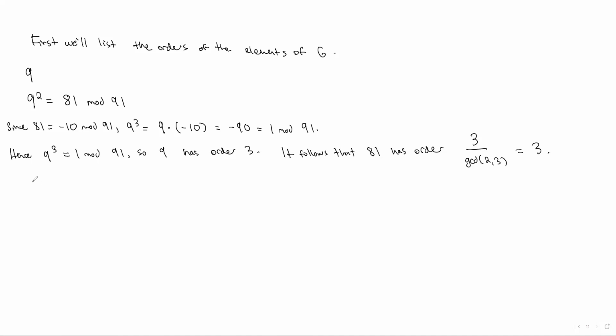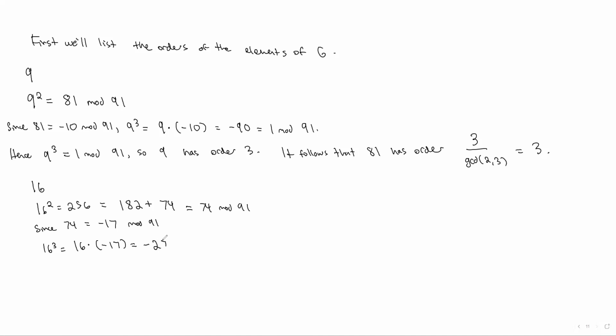Okay, now let's look at the next element, 16. 16 squared is 256, which is 182 plus 74, so it's 74 mod 91. And then 16 cubed: since 74 is equal to negative 17 mod 91, 16 cubed is 16 times negative 17, which is negative 272, which is negative 273 plus 1, which is 1 mod 91.